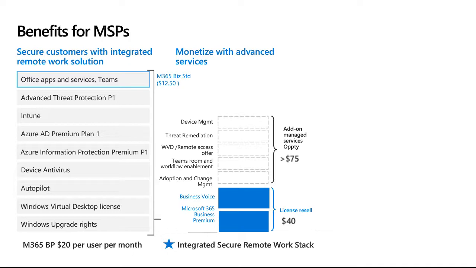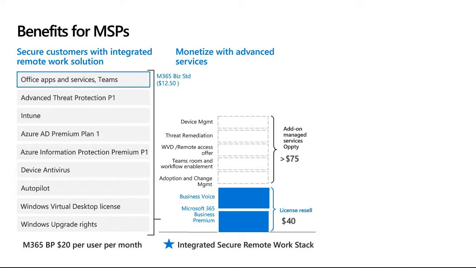And the good news is that Microsoft 365 gives you a great foundation on top of which you can build these services. As an example, many of our partners use Business Premium as that foundation and add Business Voice as an add-on license. At times, even Cloud App Security or Microsoft Defender Advanced Threat Protection.